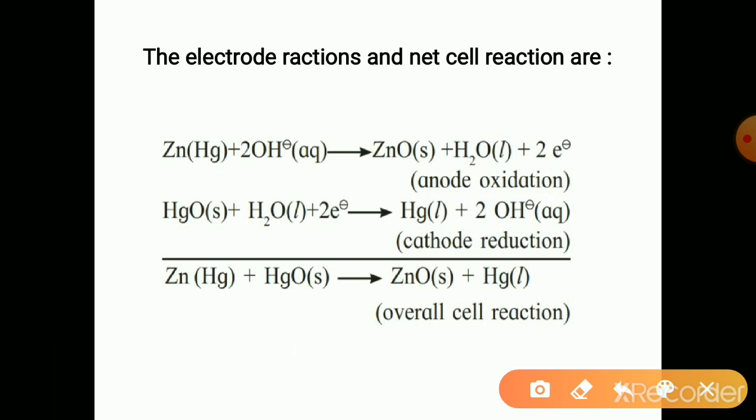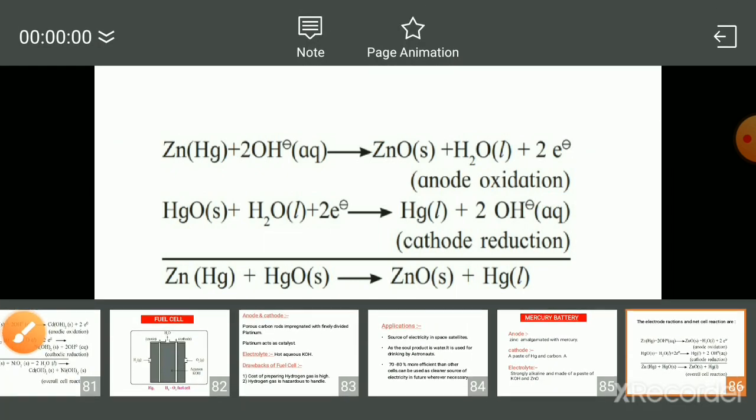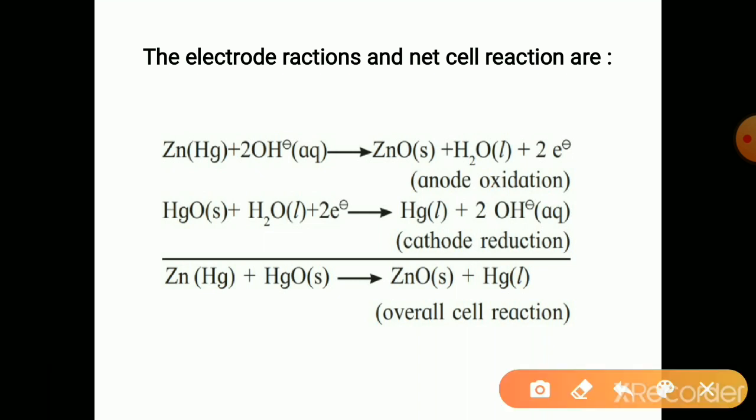The electrode reactions are: on the anode, oxidation takes place. Here zinc undergoes oxidation to form Zn2+, and 2 electrons are lost. Here mercury is in the 2+ state. It gains 2 electrons to form mercury in the liquid state. This is the reduction reaction which takes place on the cathode.